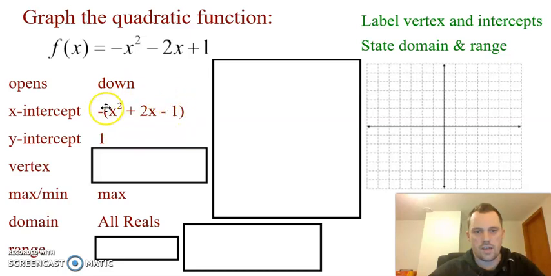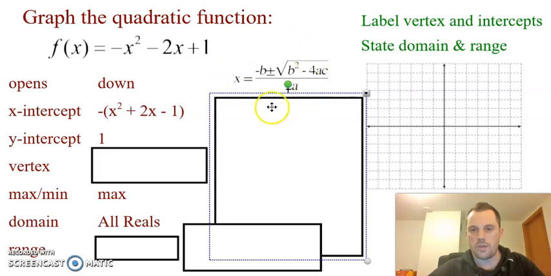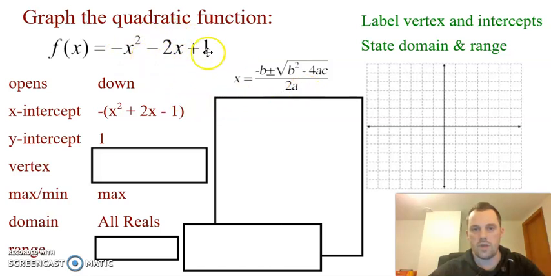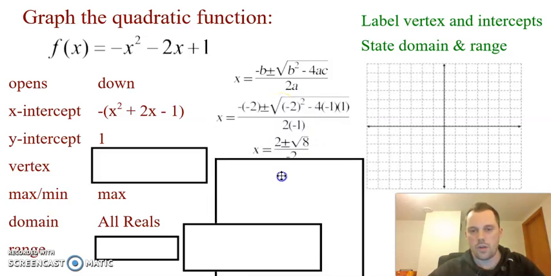But when I try to factor that, I don't get anything that works. So if that's the case, then we have to go to the quadratic formula, which we remember is this formula here. So we just go ahead and plug in -1 for a, -2 for b, and 1 for c, and evaluate that. So I'll just show all my work here.